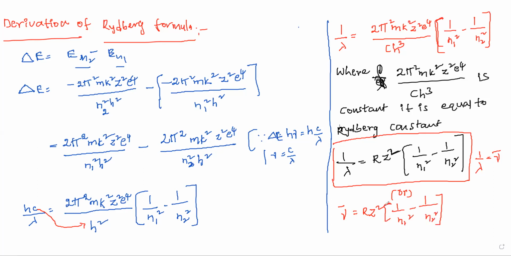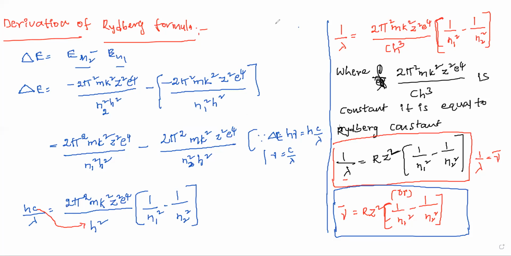Okay? If the wave number is given, or if we are asked to calculate wavelength, we can use these formulas. Did you understand? These two are Rydberg formulas.